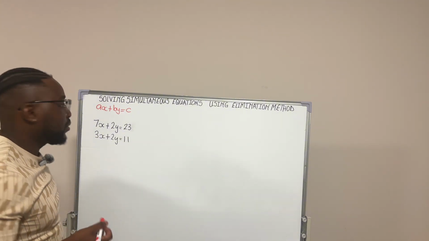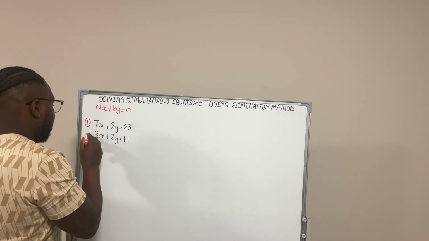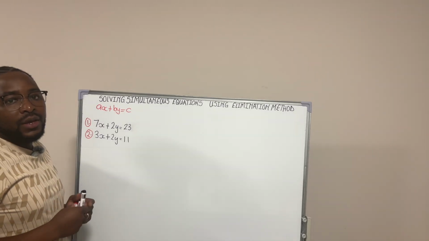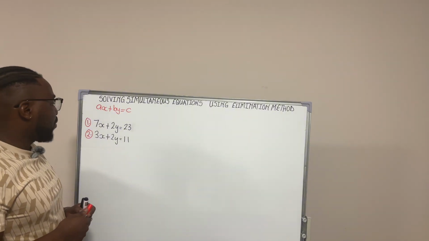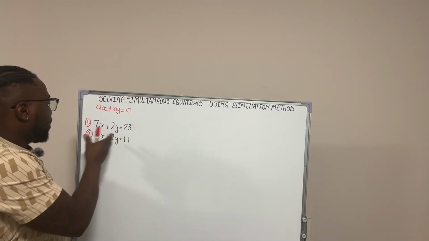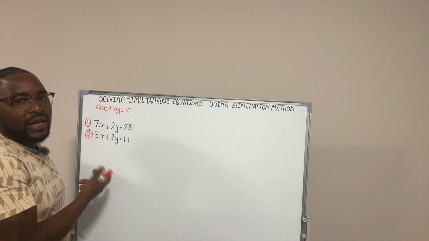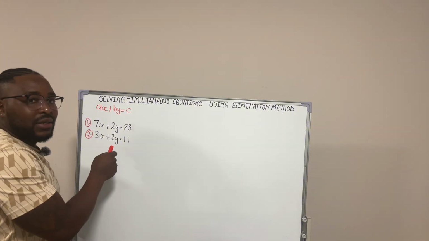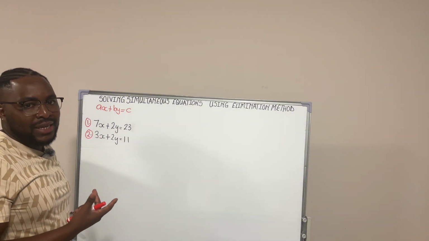So this is our equation 1 and this is our equation 2, okay? And now, what will be our next step? Our next step is for us to see which variable we can cancel or eliminate in both of our equations at the same time.